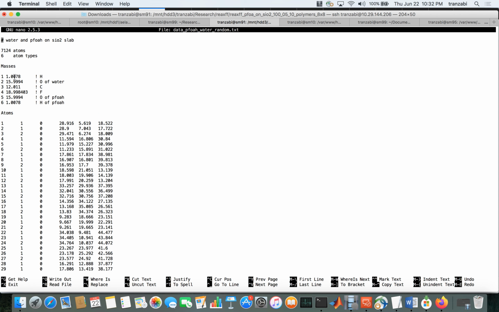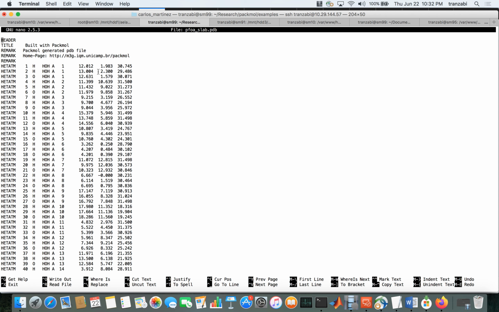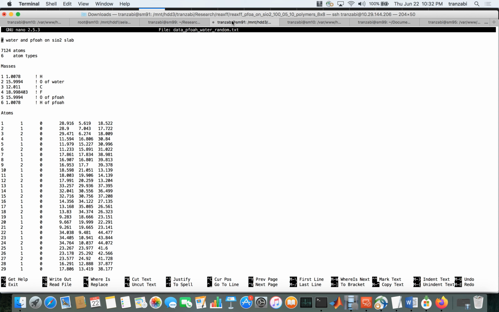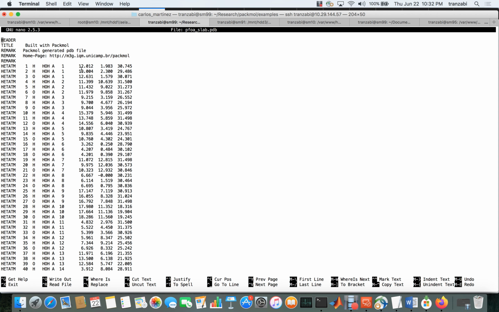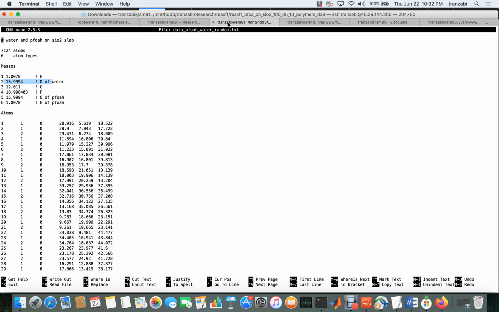Let's say the second one is also hydrogen, and then the third one is oxygen. So it's going to be atom type 1 again because the second one is hydrogen, and then the oxygen is going to get type 2. So you see these numbers in column 2 correspond to the atomic symbol in the third column. There's a one-to-one correspondence, and it actually comes from this table right here.